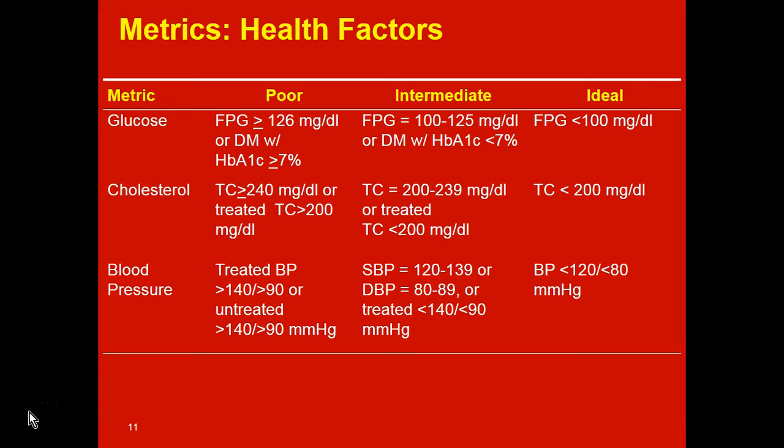Intermediate is usually a pre-diabetes, pre-hypertension, or elevated but not high level of cholesterol, or ideal levels in the ideal category. And again, it's important to emphasize that for these categories of ideal, particularly for the health factors, you cannot be on treatment and be in the ideal category. You must be able to reach the ideal level of these risk factors without treatment.